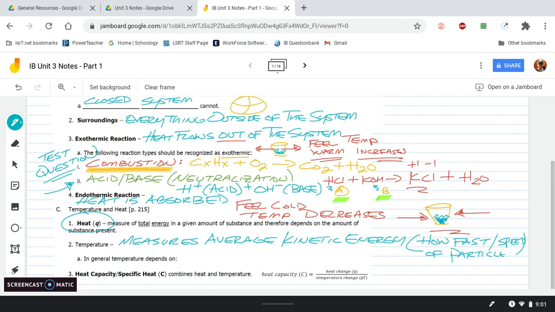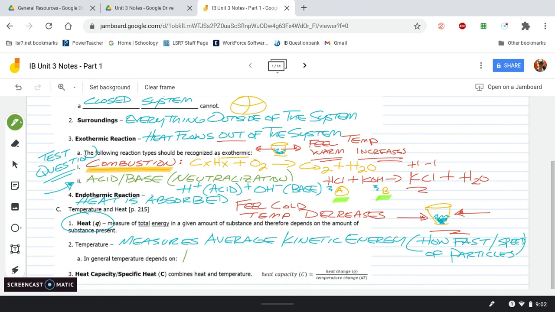So if you heat something up, the particles go faster. If you cool it down, the particles go slower. So if we're looking at how temperature is related to heat, it says, in general, temperature depends on, and then we have a blank here. So in general, temperature is going to depend on heat.